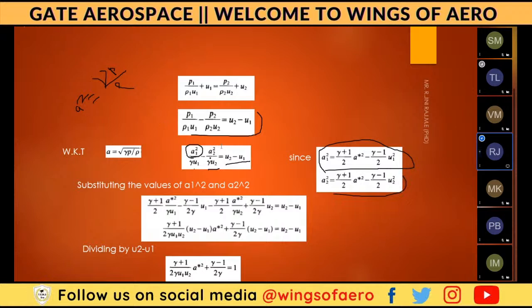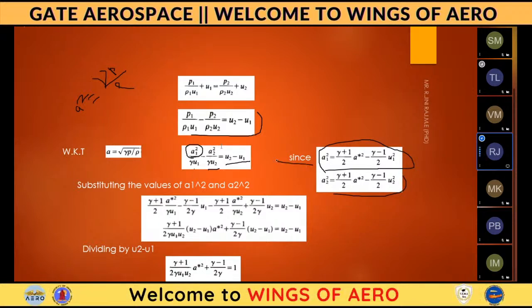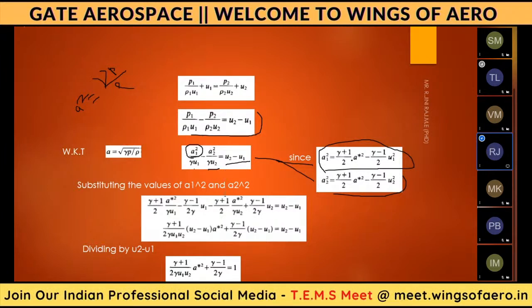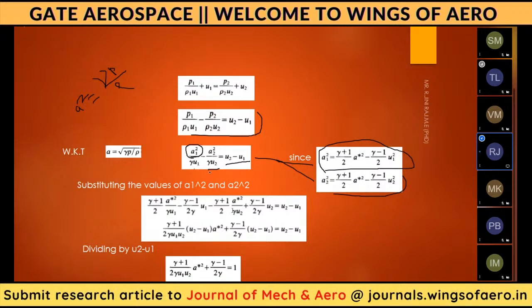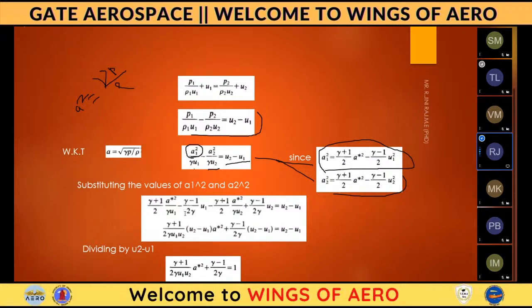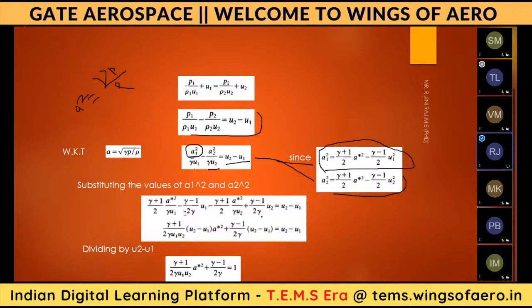By substituting this a1 square and a2 square value in this equation, we will be getting gamma plus 1 divided by 2 gamma a star square divided by u1 minus gamma minus 1 divided by 2 gamma u1, and same for a2 square substituting the value. Therefore minus gamma plus 1 divided by 2 into a star square divided by gamma u2 plus gamma minus 1 divided by 2 gamma u2, that is equal to u2 minus u1.